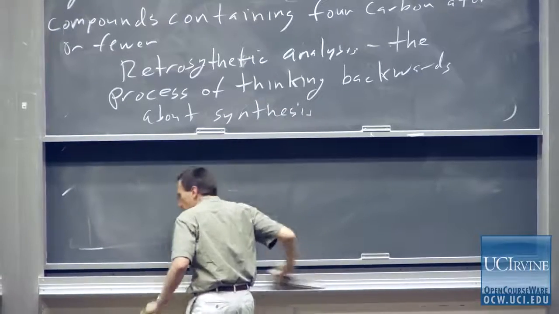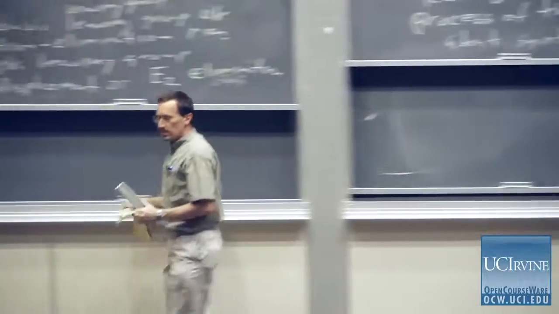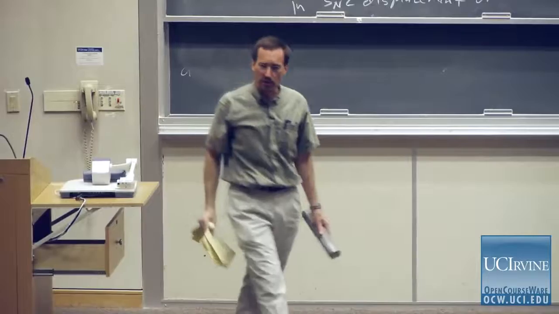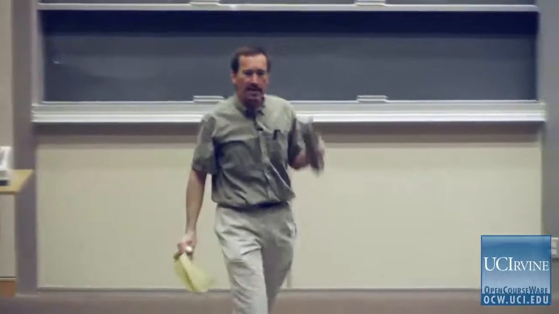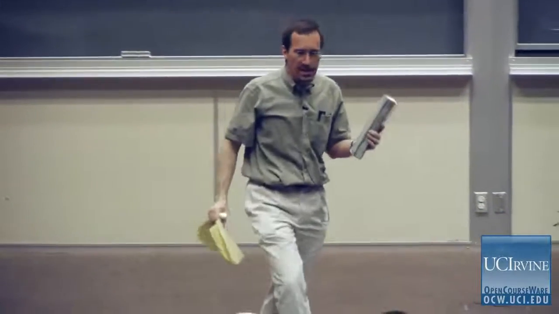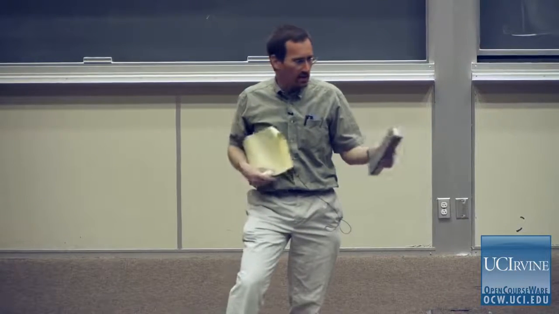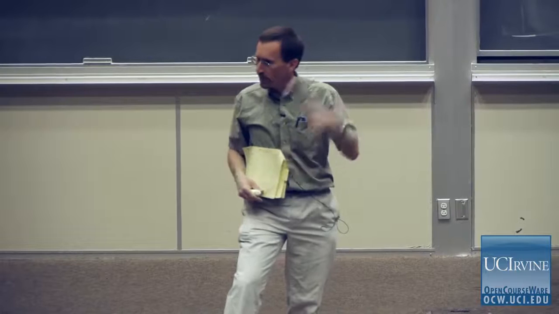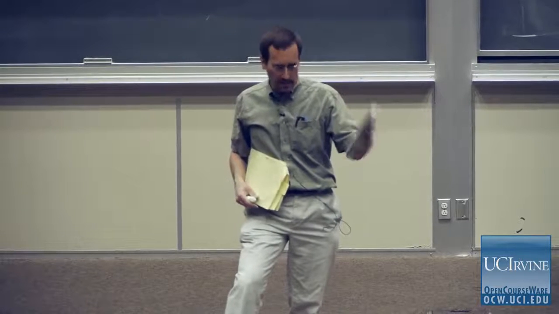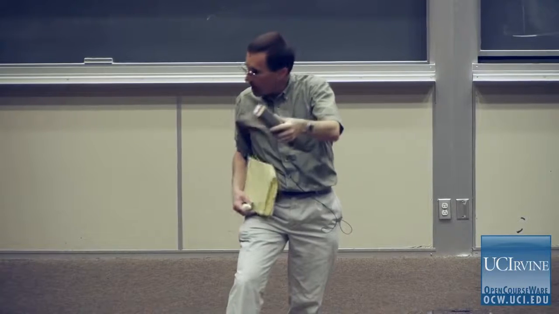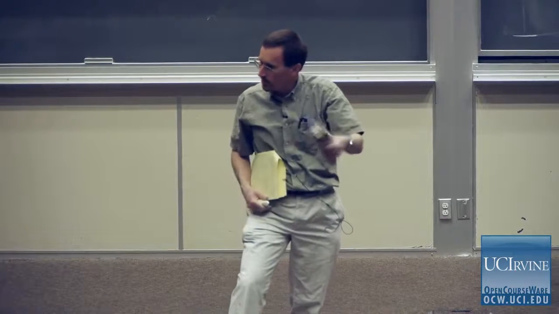The reason retrosynthetic analysis is so powerful, the reason that the process of thinking backwards is so powerful, is it's so easy to get caught up in details when you try to look at things from a forward point of view that it's very hard to see how to get there from here, from compounds containing 4 carbons or fewer.